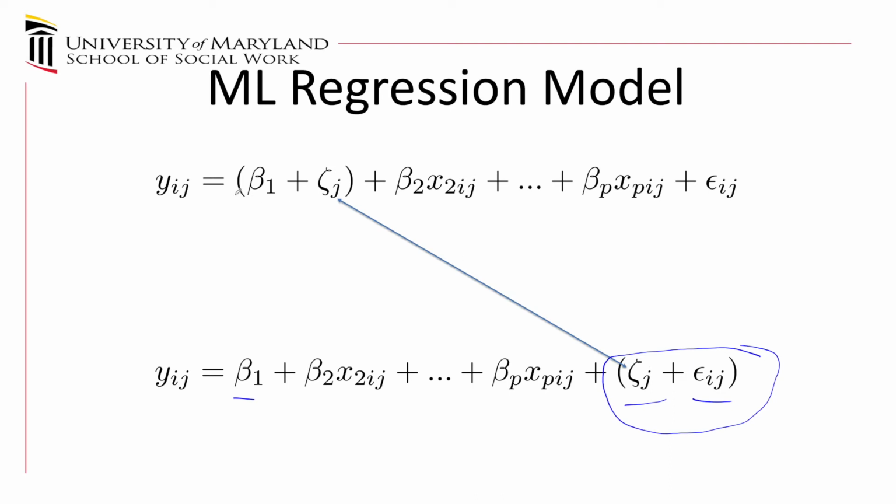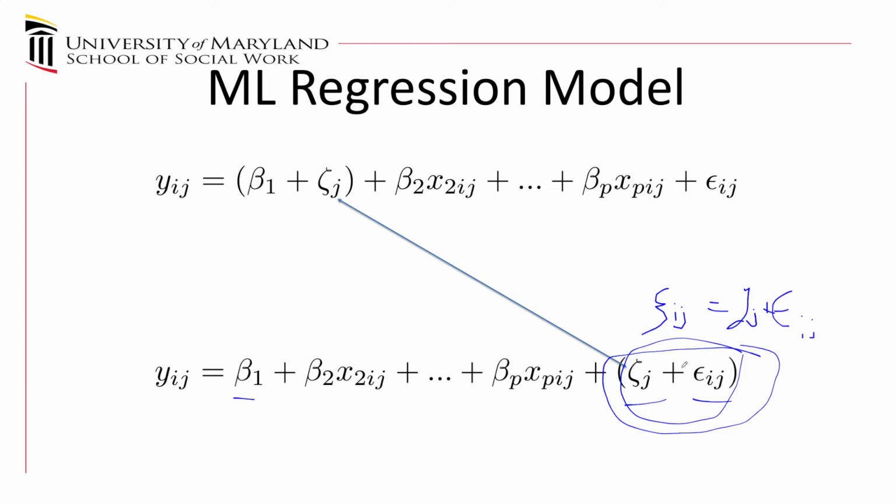So we can think of this zeta either as a complement to the error, which is where we started the class, right? We talked about the error term, the psi ij, is comprised of the zeta sub j plus the epsilon ij.